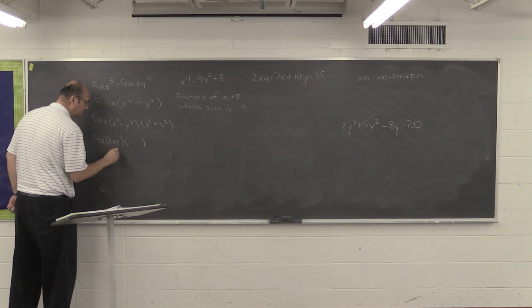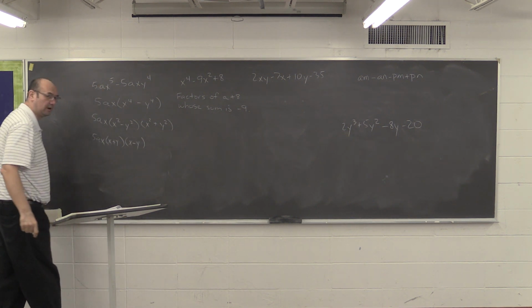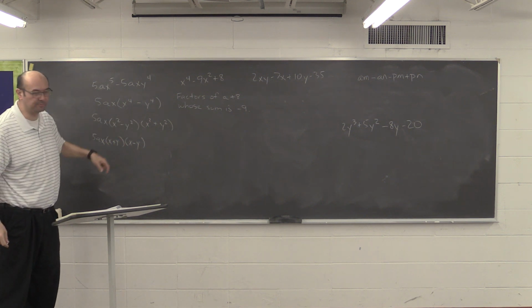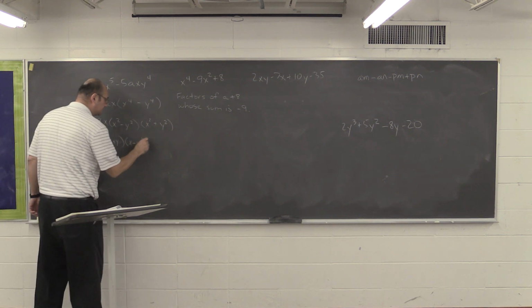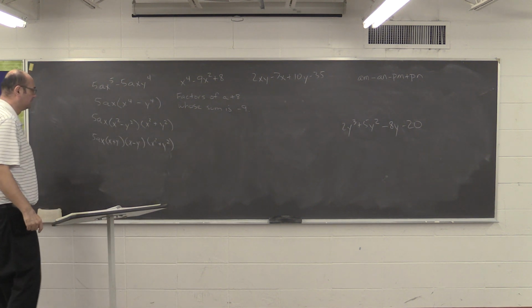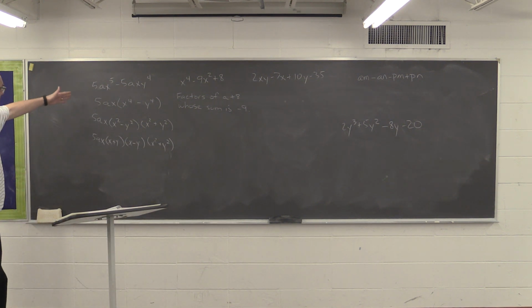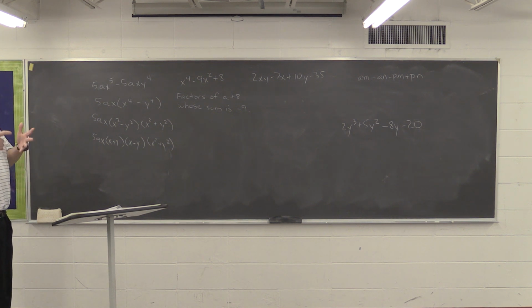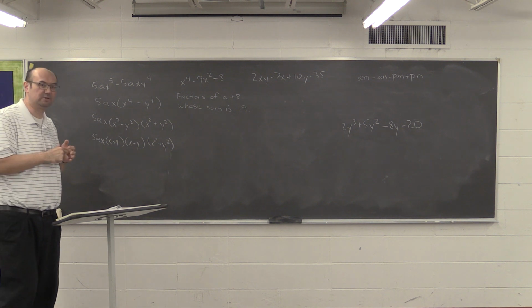Well, that would be x plus y and x minus y. And then this here in particular, we just bring it down. It has a plus, so it can't be expanded anymore. So there we go. This worked out in such a way that we had sets of perfect squares that we continued to bring down.